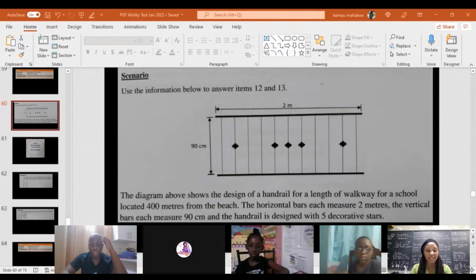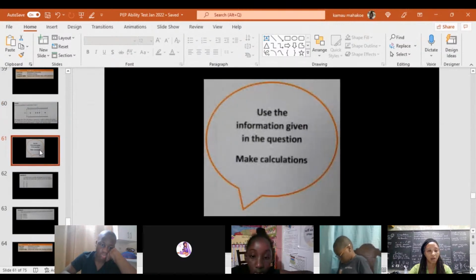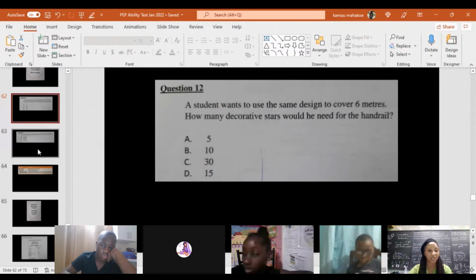Therefore, if the 2 meters has 5 stars, then the 6 meters will have 3 times as many stars. And that's how we get the 15. Okay, so it is D, 15.